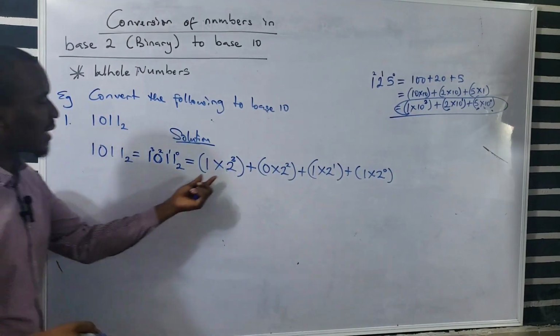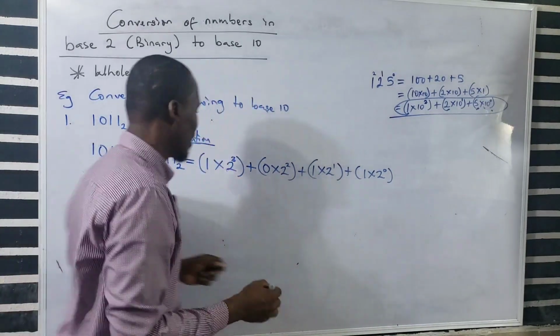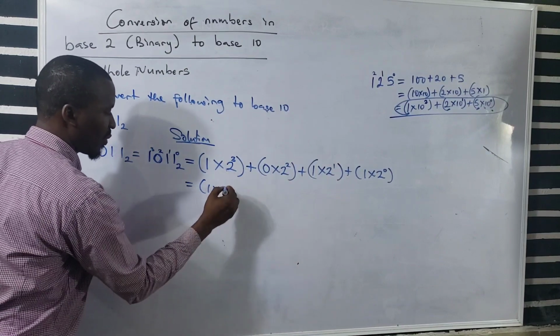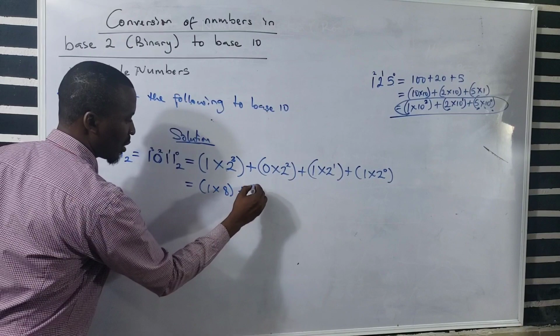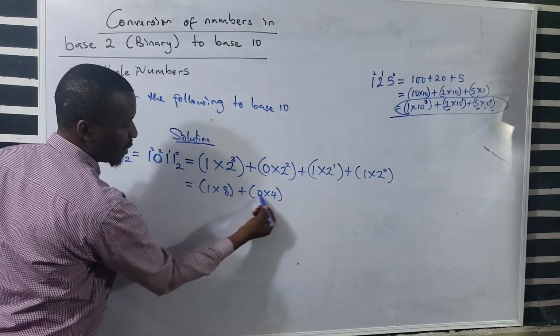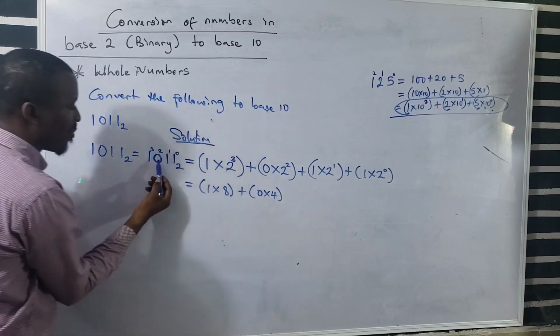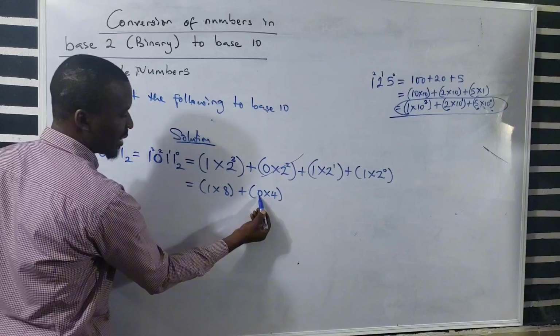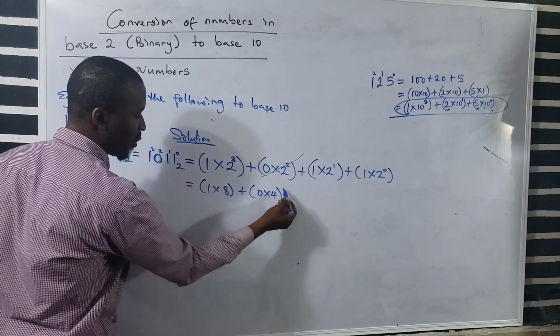Okay, so you need to find the value of each of these. So that will give us 1 times 2 raised to power 3, which will give us 8, plus 0 times 4. Anytime you have a number 0, you can easily cancel it out because 0 times any number will definitely give you what? 0.